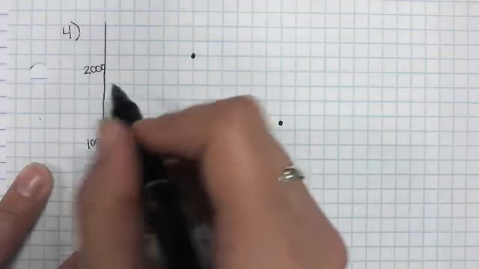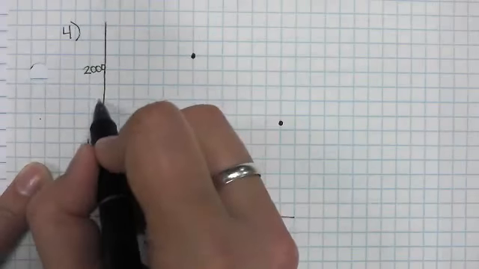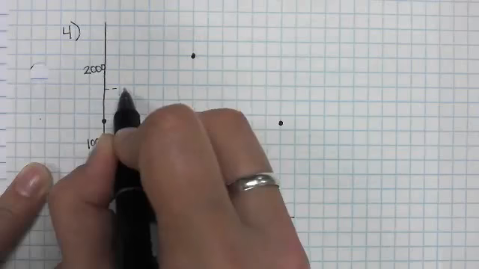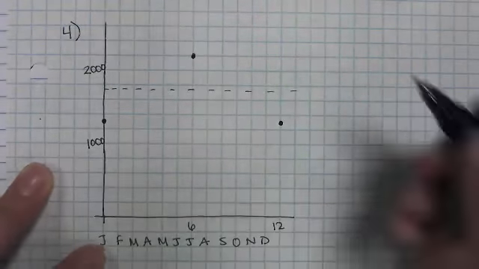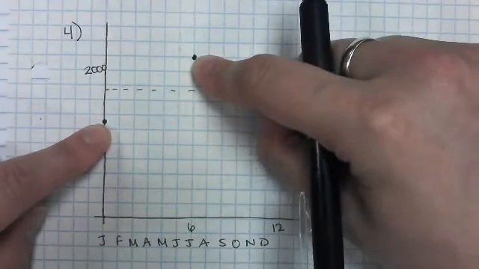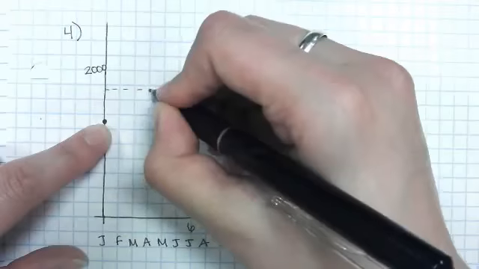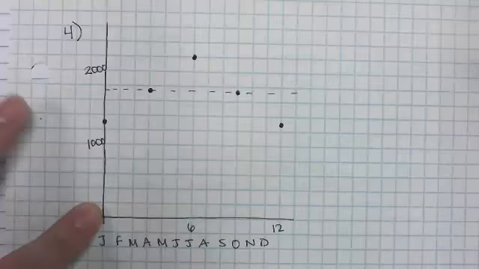The midline is at 1750, so this is 1,800 and 1,600, so 1750 is like right in here-ish. And it is halfway between these 2 points that we hit that value. So halfway between would be right here, and halfway between would be right here.